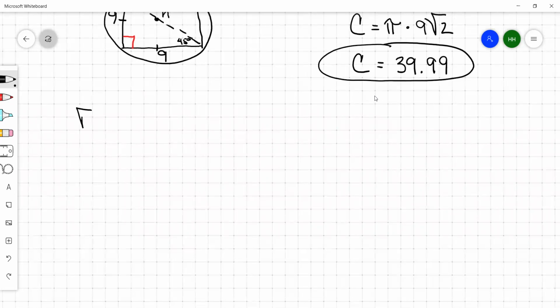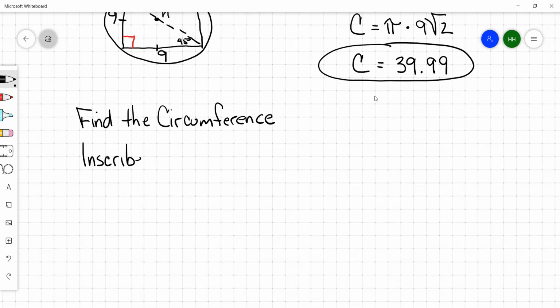Here we're going to find the circumference again. And what we've got is an inscribed right triangle with legs of 7 and 3.